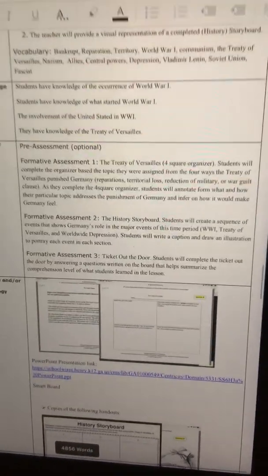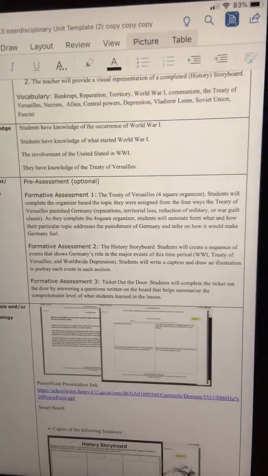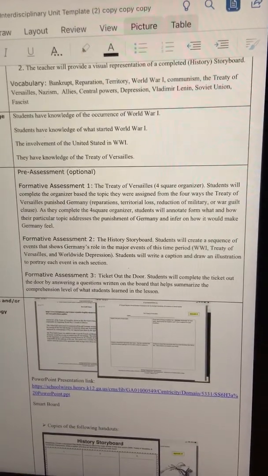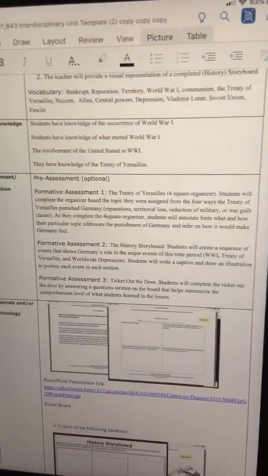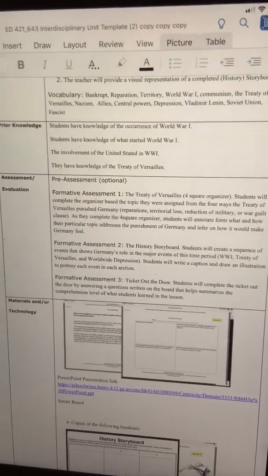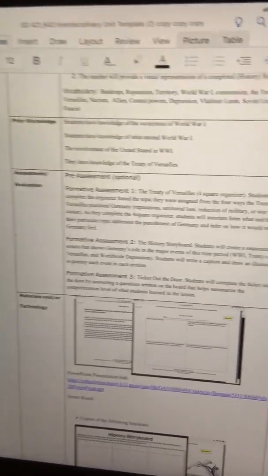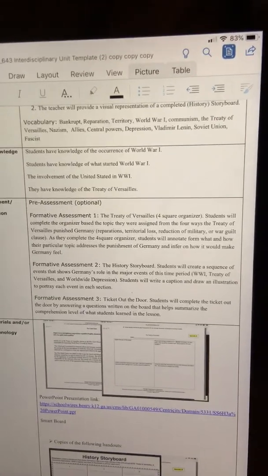So one of the assessments is a 4-square organizer, and students will complete the organizer based off the topics they were assigned. Basically, the 4 ways the Treaty of Versailles punished Germany. Each student will be assigned one of the 4 ways: reparations, land or territorial loss, reduction in military, or the war guilt clause.